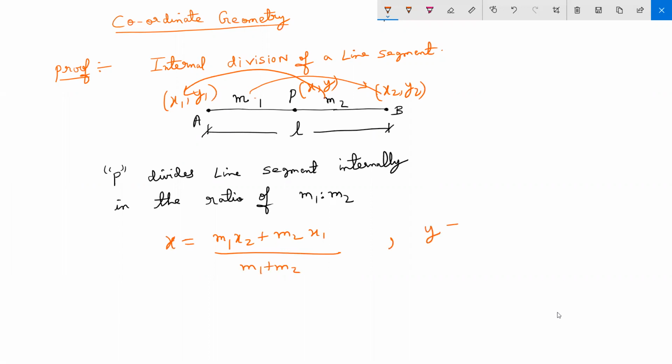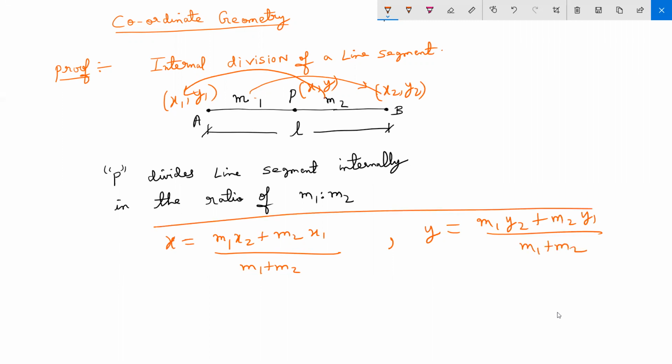Similarly, for the y coordinate, it will be m1 y2 plus m2 y1 upon m1 plus m2. So this is just the formula.